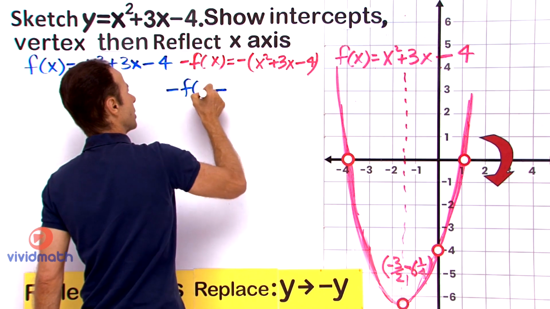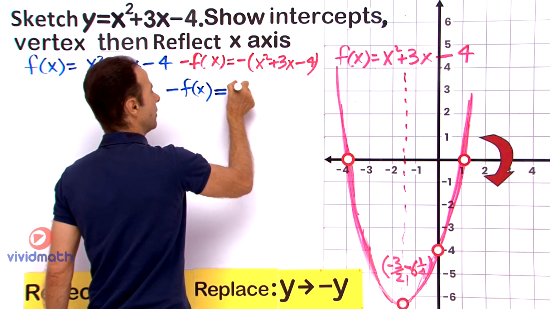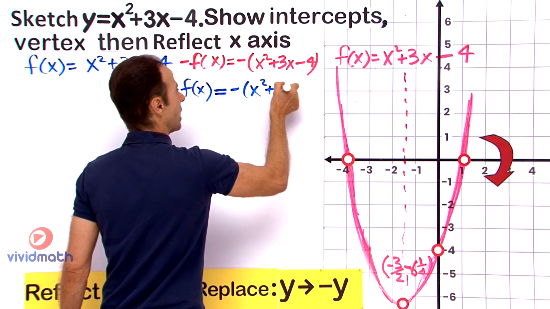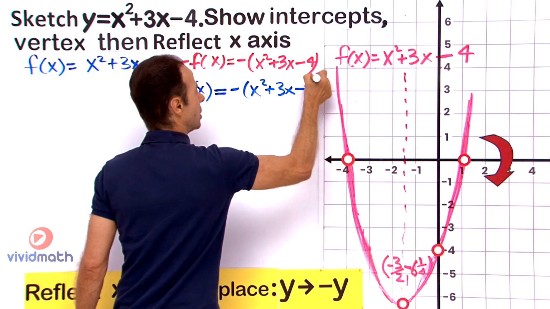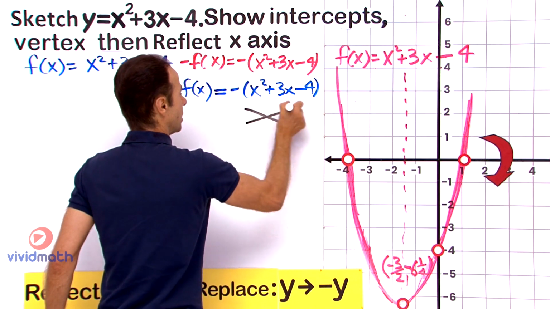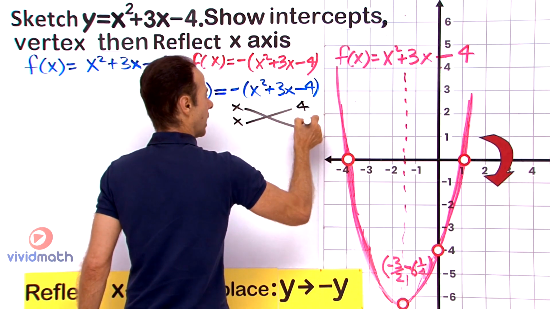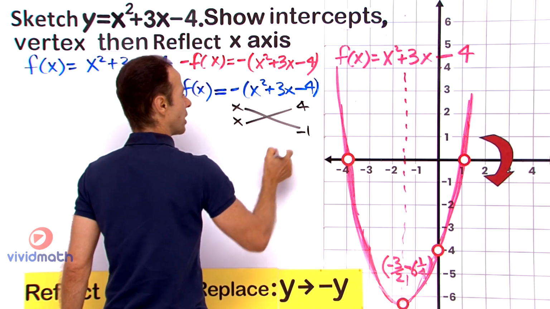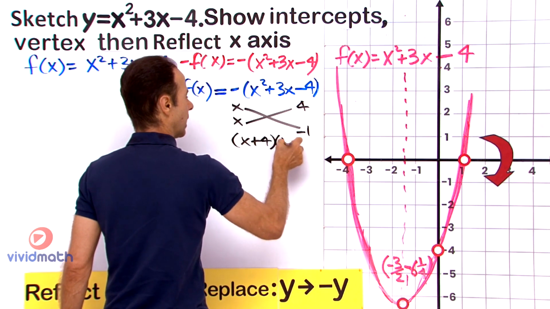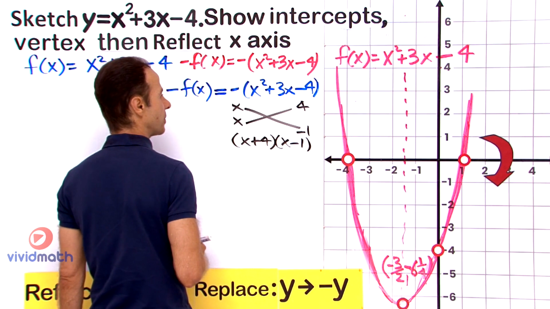Negative f(x) is equal to negative x squared plus 3x minus 4, which means I'm going to use the same numbers to factor that. It's going to be 4 and 1, positive 4 minus 1, so it's going to be x plus 4, x minus 1 equals 0.